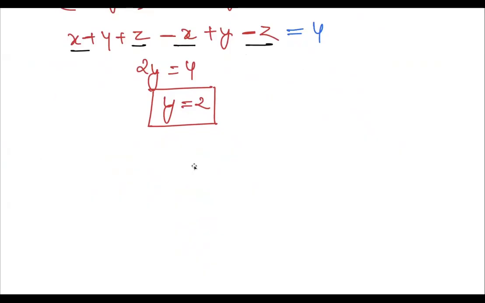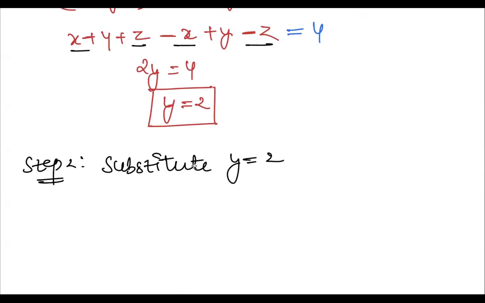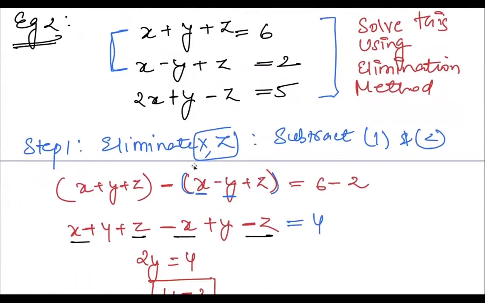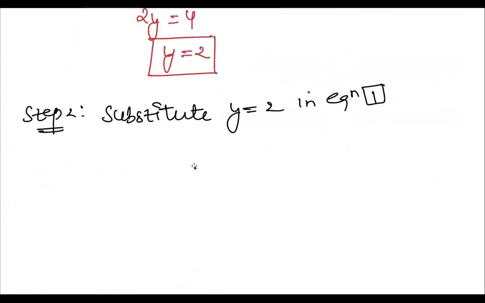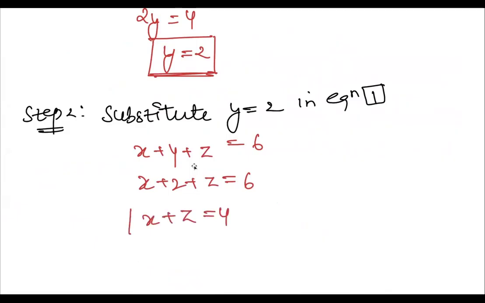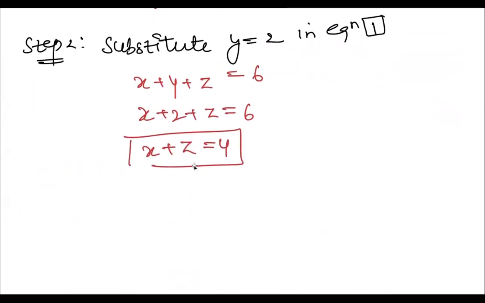Step 2 is to substitute y is equal to 2 in equation first. What is my first equation? x plus y plus z is 6. And what is the value of y? 2. So x plus 2 plus z is equal to 6. x plus z is what? 4. Right?